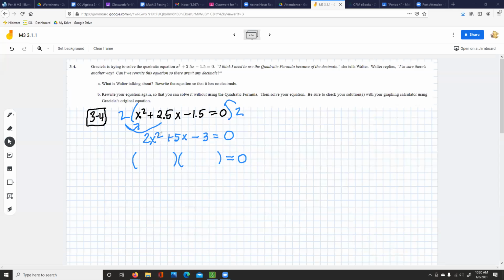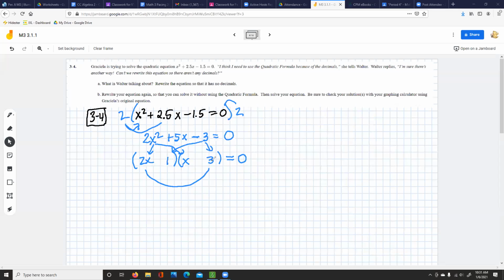So let's factor 2x squared. We're going to break that down to 2x times x. And then we factor the 3. The factor of 3 goes here and here, and the factor of 2x squared goes there and there. For the factor of 3, I can either put 3 and 1 or 1 and 3. Since it's a negative, I know the signs have to be different. And since there's a 5 inside, that tells me the 3 is going to be over here and the 1's going to be over here, because I need this to be a 6x.